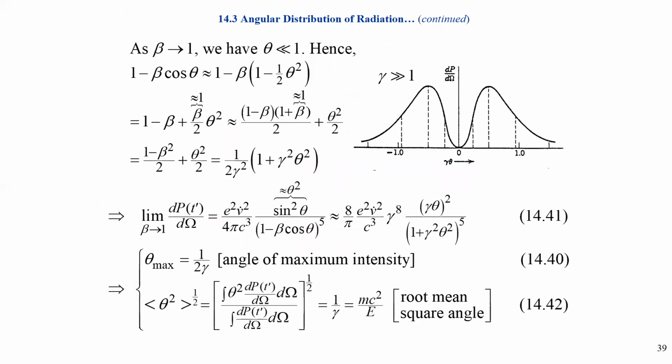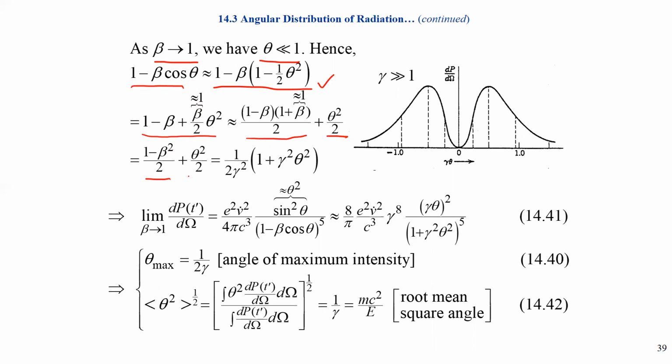Okay, another one is beta approaching 1. Relativistic extreme. And we have theta very small. Hence, it equals this one. Okay. And since beta is very close to 1, we can rewrite this one into this one and this one.